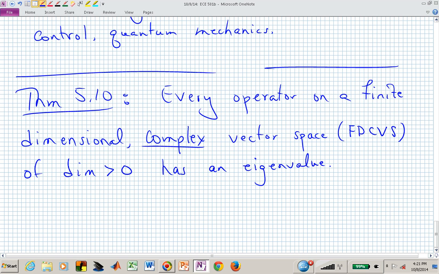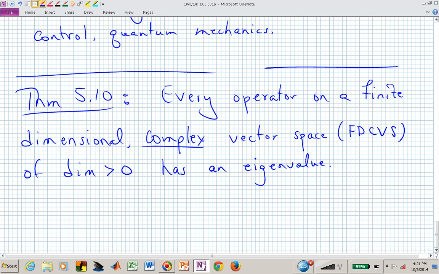If it was a real vector space, you've already seen a 2 by 2 matrix that does not have real eigenvalues. But here, in the complex vector space, you do have an eigenvalue.